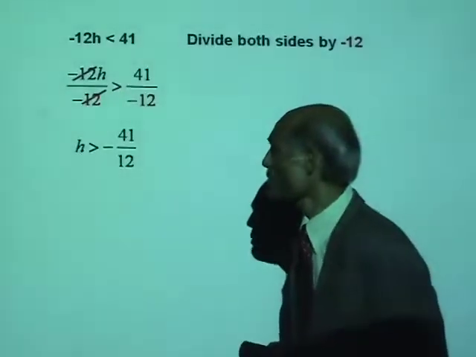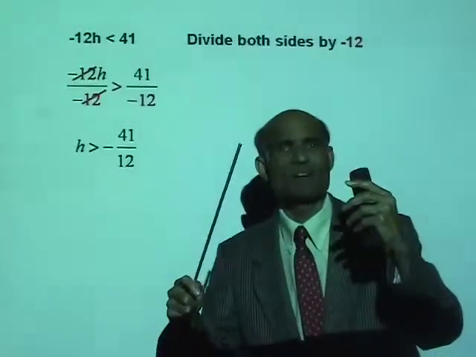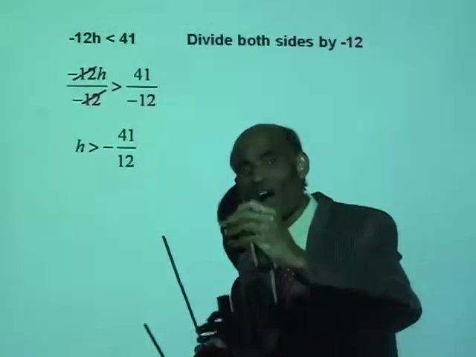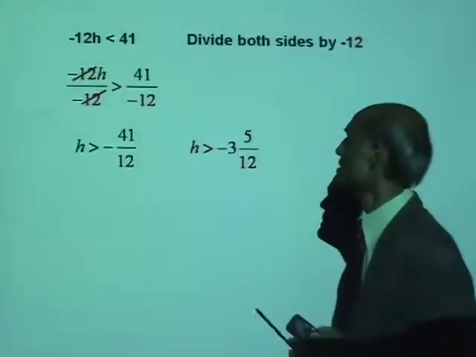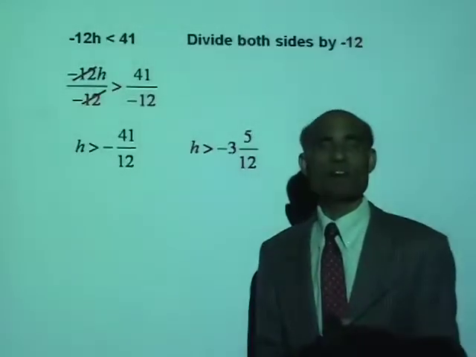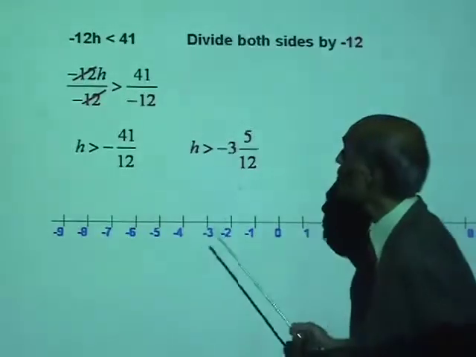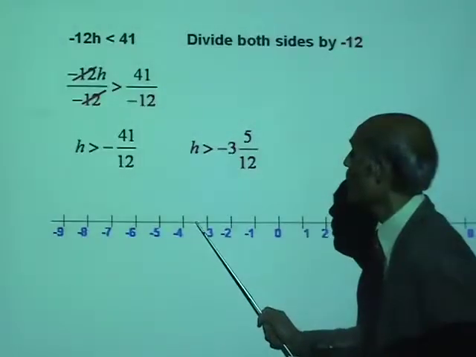Well, negative 41 over 12, can you convert that to a mixed number? It will be negative 3 and 5 over 12. There you are. h is greater than negative 3 and 5 over 12. On the number line, where do you find negative 3 and 5 over 12? Over here.